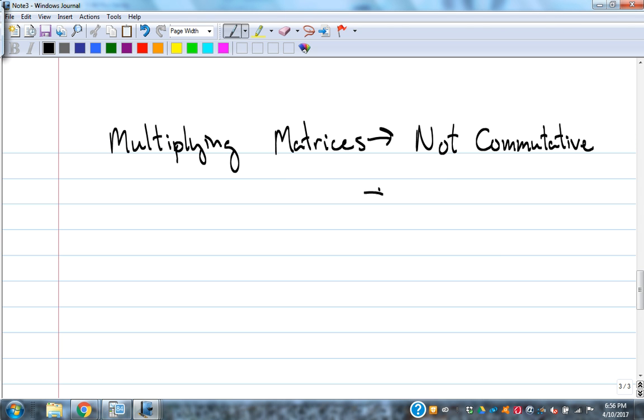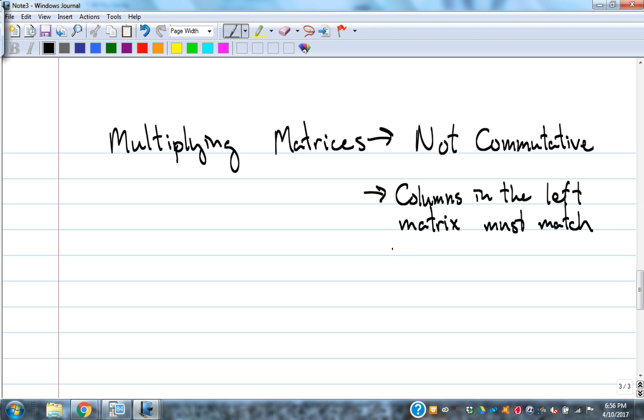Now, columns in the left matrix must match rows in the right matrix.